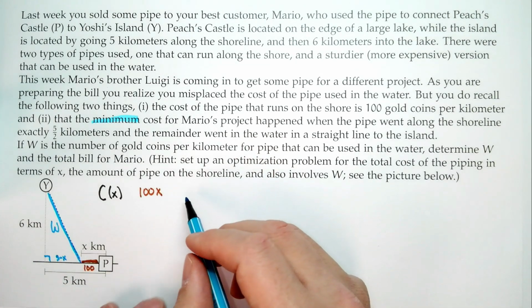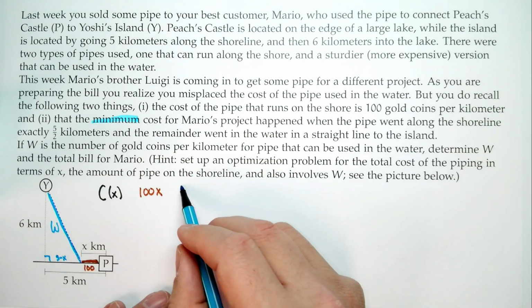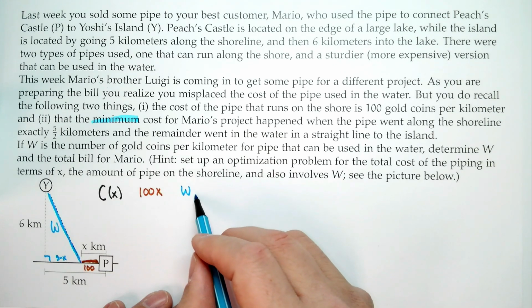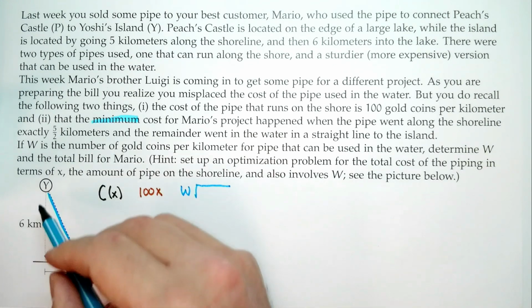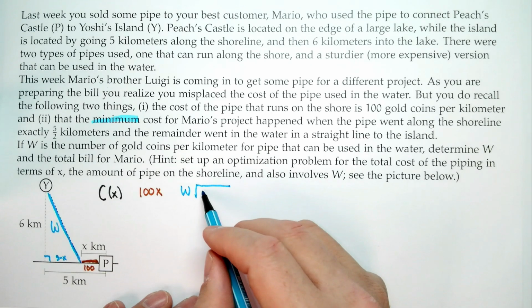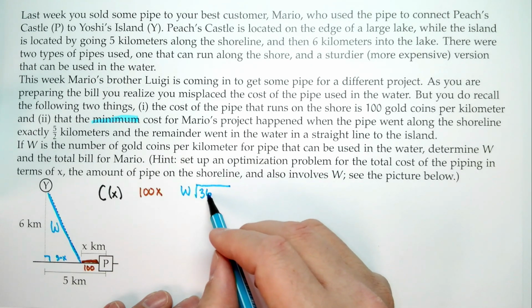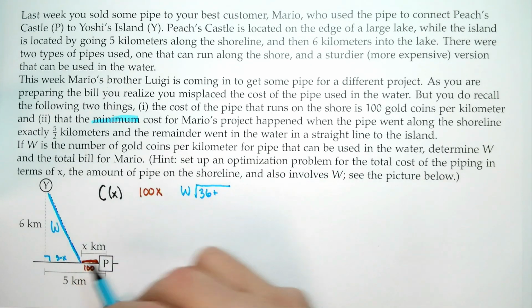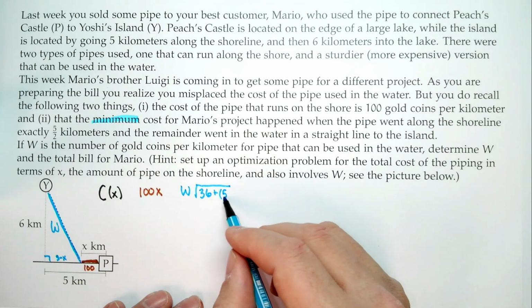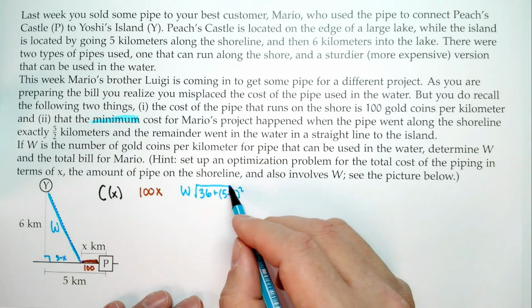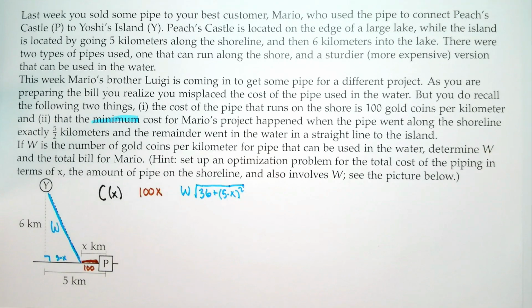So the cost for the water pipe will be W times the square root of that side squared, 6 squared, I'll write that as 36, plus this other side squared, (5 minus x) squared. And so there we go.